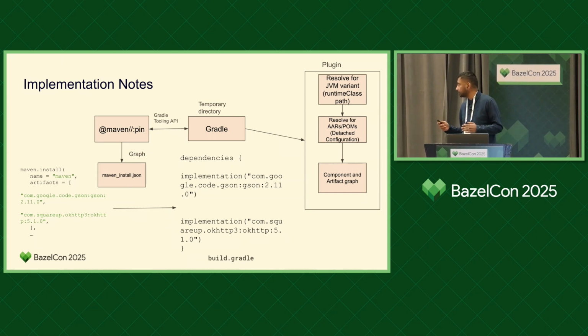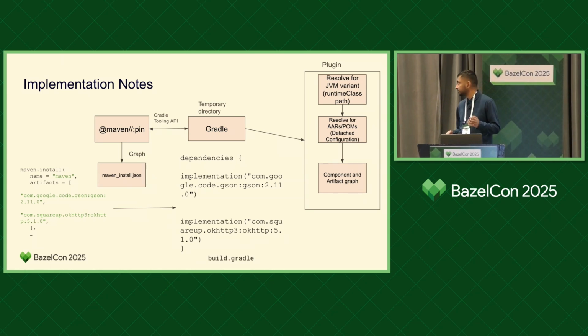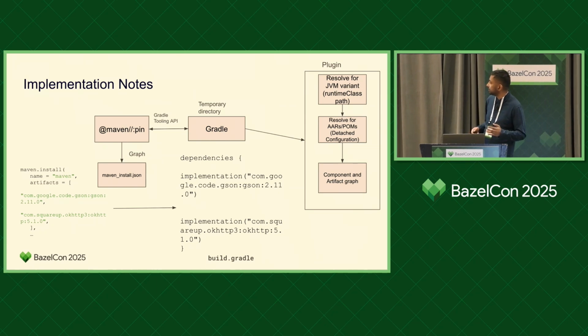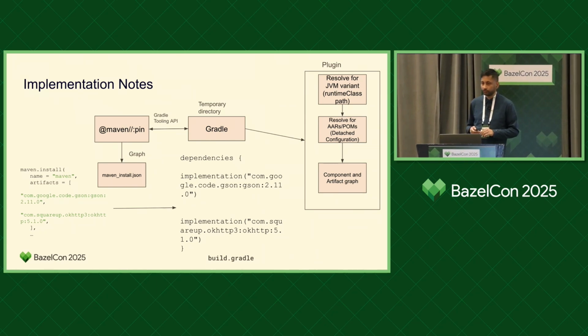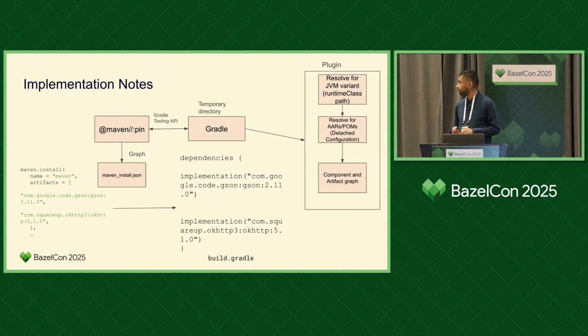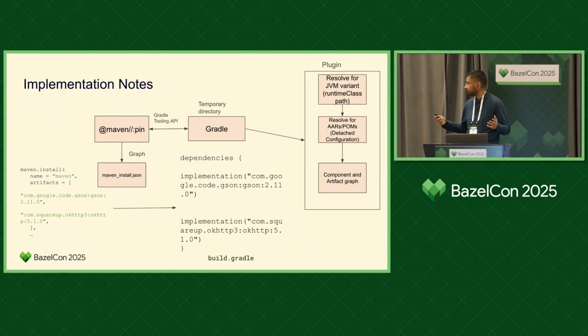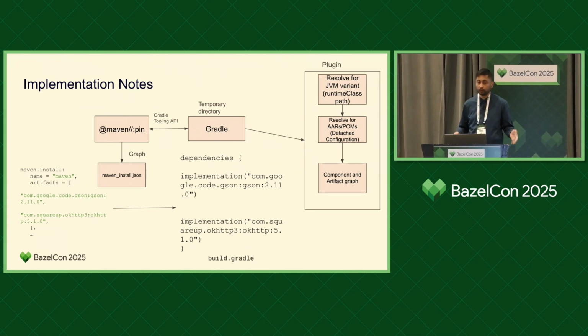The dependency resolution is complex enough that we need our own plugin to do the resolution. As I mentioned, we resolve the JVM variant, and rules_jvm_external also supports AARs for Android artifacts. And then finally, we serialize and build the dependency graph, and that's translated to the lock file.